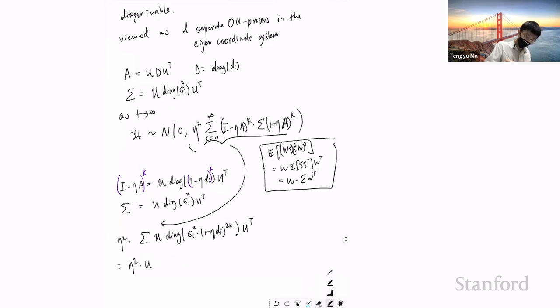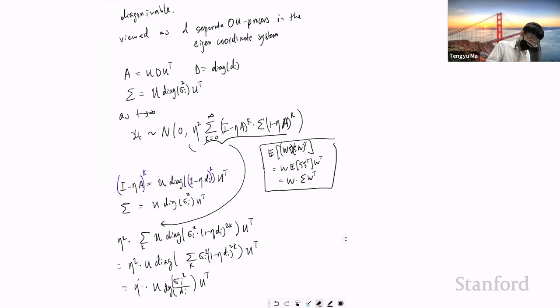The i is for the coordinate, the k is for the sum over k, sigma_i squared (1 minus eta d_i) to the 2k, U transpose, and this becomes eta squared times U times something like sigma_i squared over d_i, U transpose.